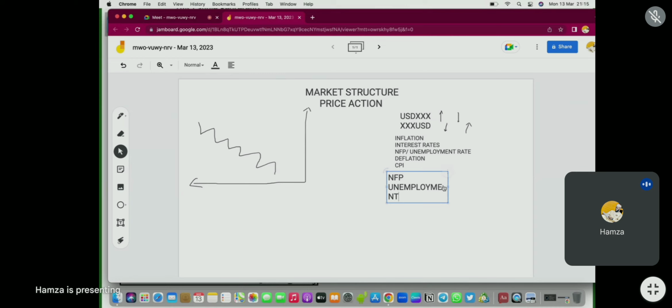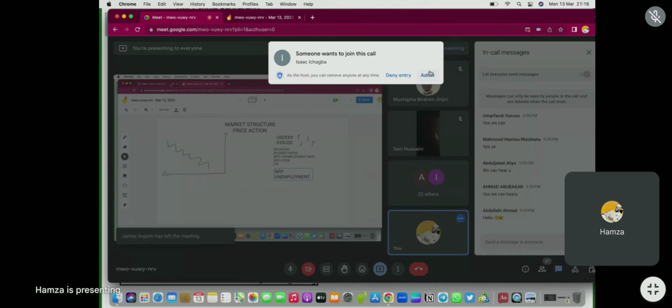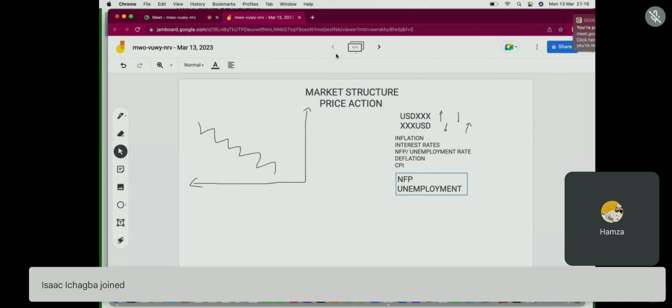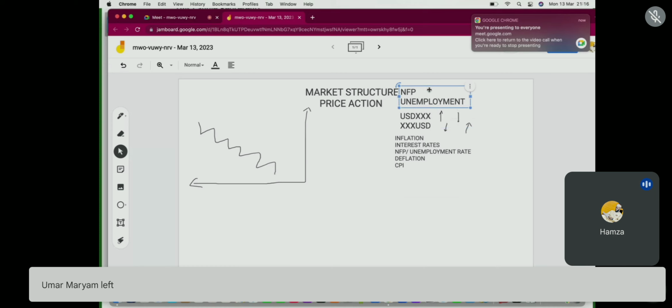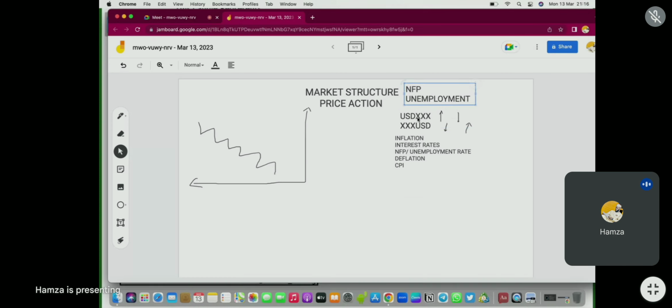So if we are in February, the NFP print released on the first week of February would be that of January. If we're in March, the NFP print would be that of February.